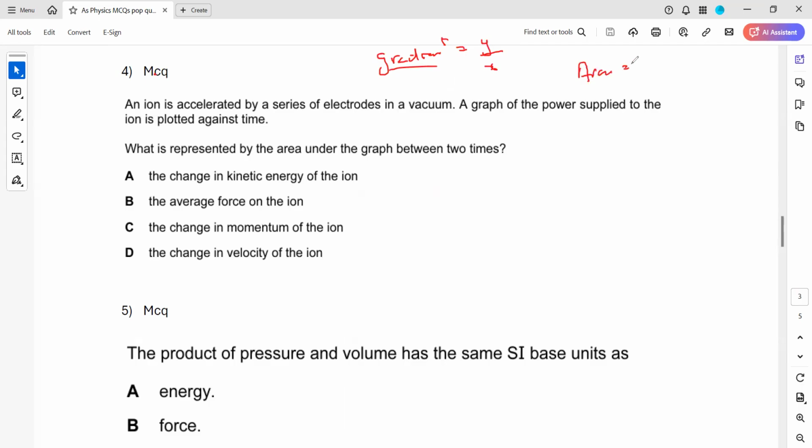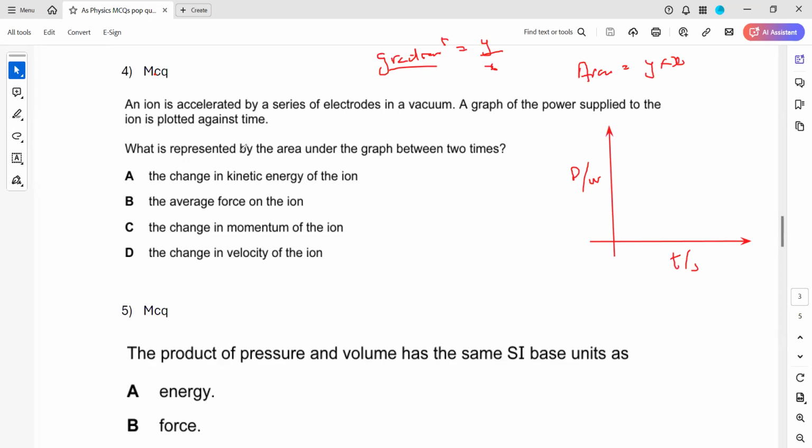And when we take the area, it is quantity on x-axis multiplied by quantity on y-axis. In the question, the ion is accelerated by a series of electrodes. The graph of the power and the time is plotted. Power can be on y-axis, time on x-axis. That's not the main thing.